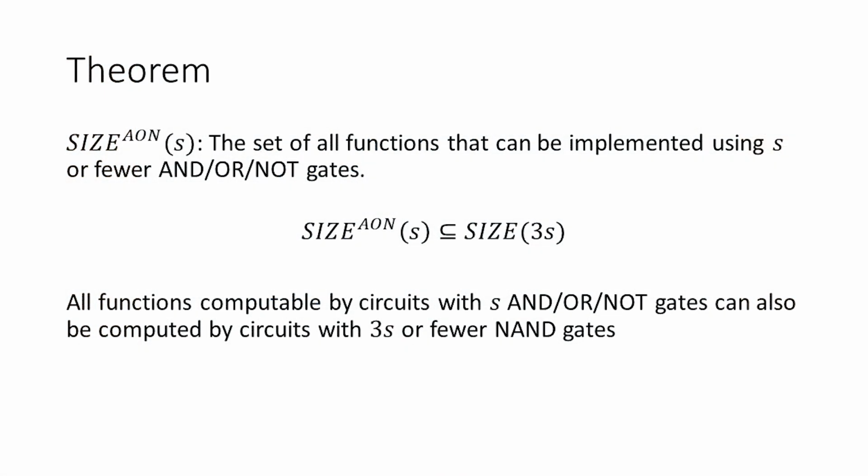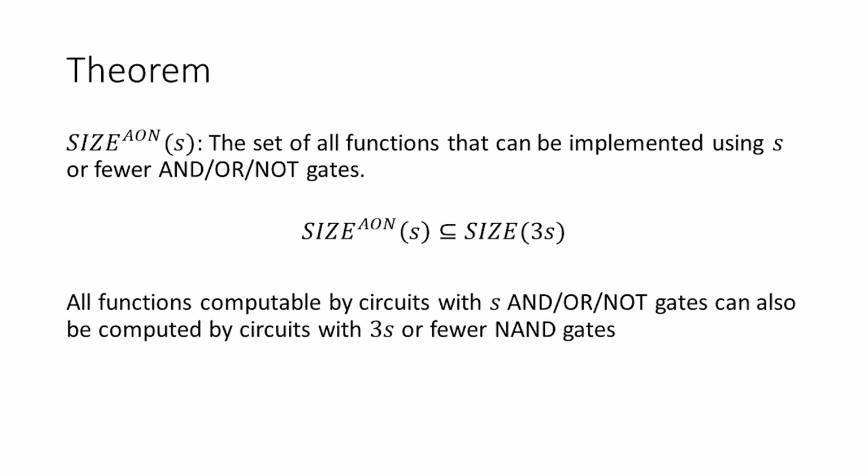Now, something to be careful of. What we have shown is that any function that we can implement using S or fewer AND, OR, NOT gates can be implemented using 3S or fewer NAND gates through this kind of translation of AND, OR, NOT gates into NAND gates. That might not, though, be the most efficient way to do that.